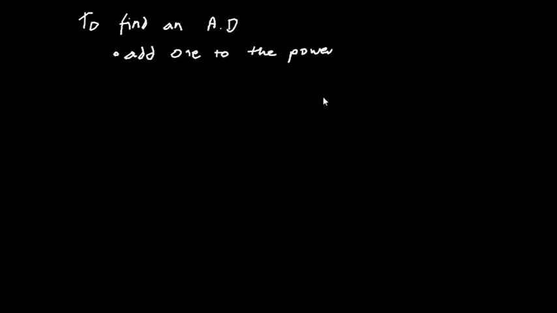So when we differentiated it, we took away 1. Now we're going to add 1 because it's the opposite. So the first step is to add 1 to the power. After that, we divide the function or the equation by the new power. Okay, 2 steps. So add 1 to the power, divide by the new power.